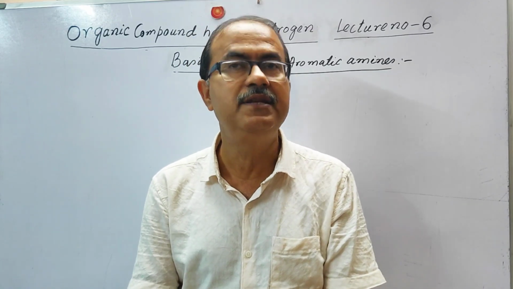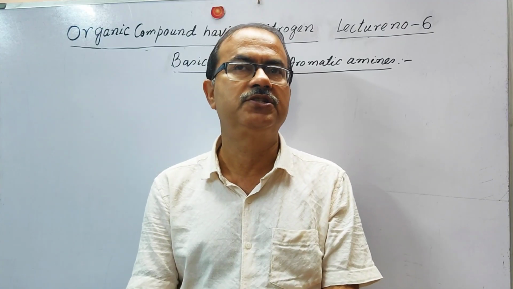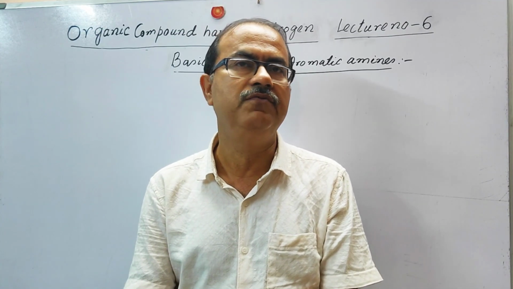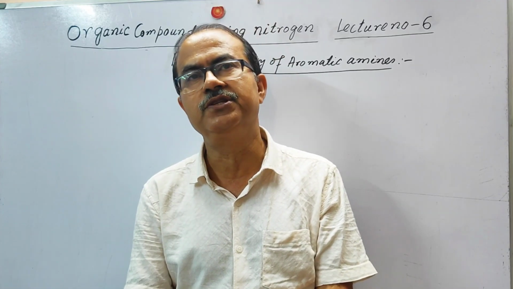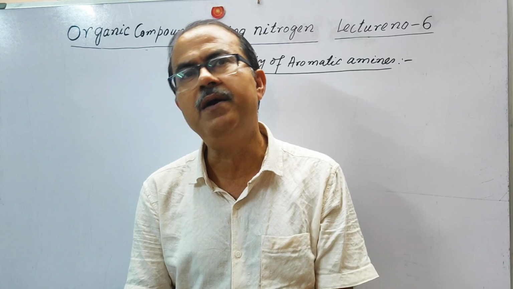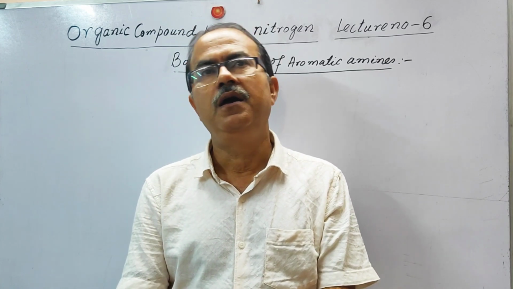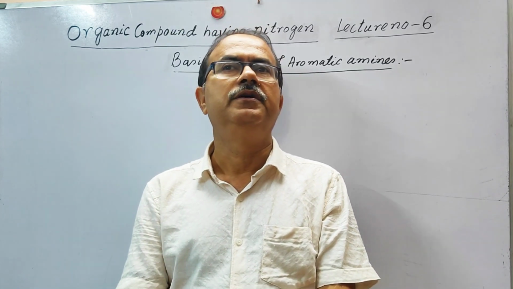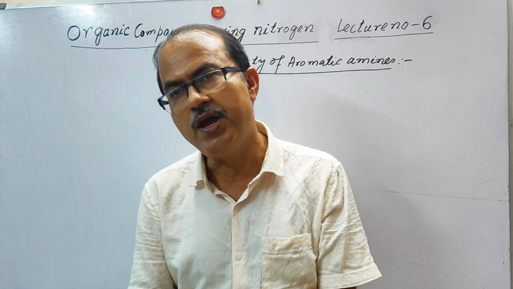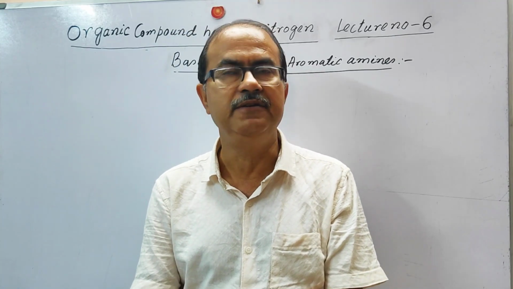So you can easily understand the basic strength of the aromatic amine in comparison to the aliphatic amine, and that is due to the plus R effect of the amino group that is directly joined to the benzene ring.